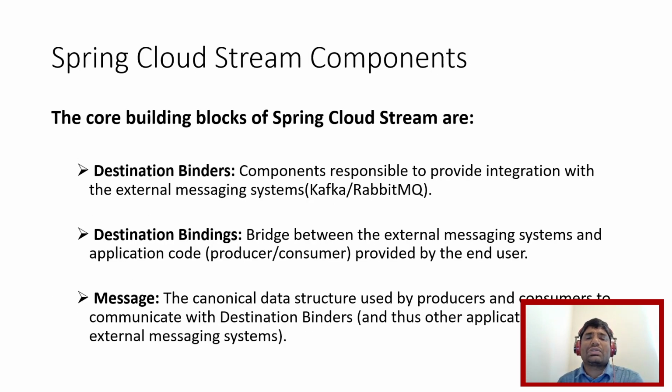Spring Cloud Stream is basically divided into three components: binders, bindings, and message. Binders are basically the external systems which you are connecting from or connecting to.